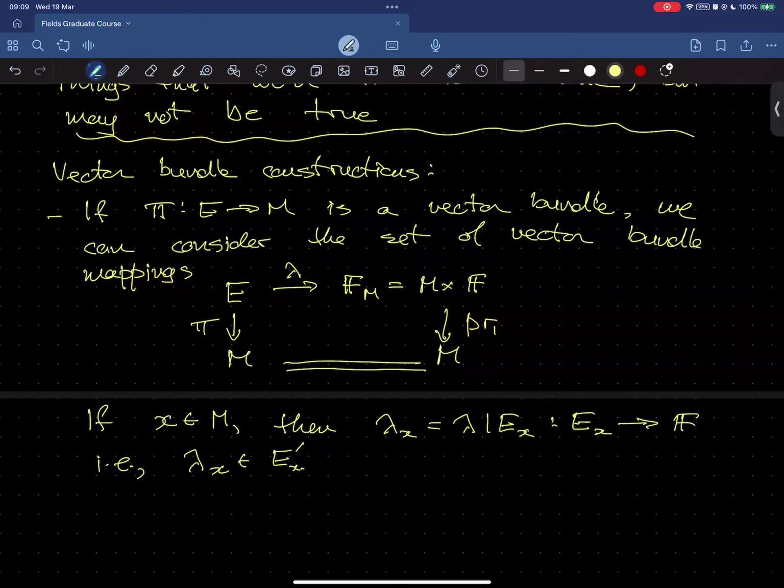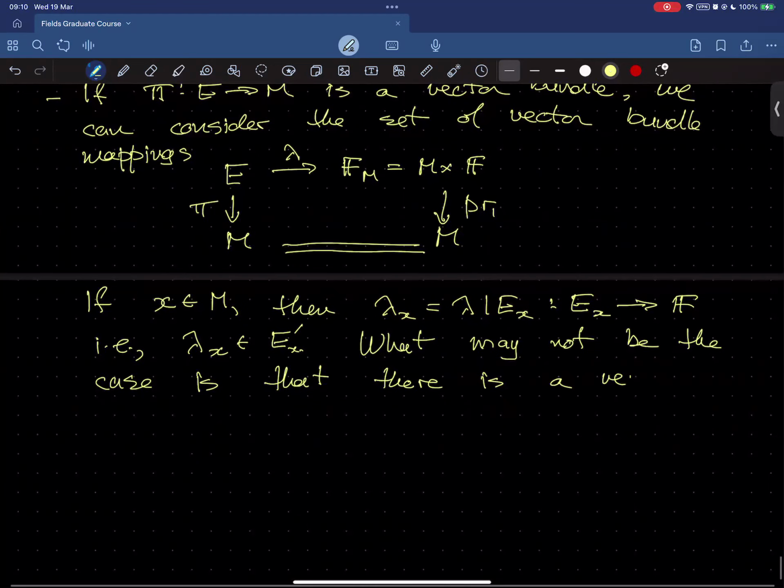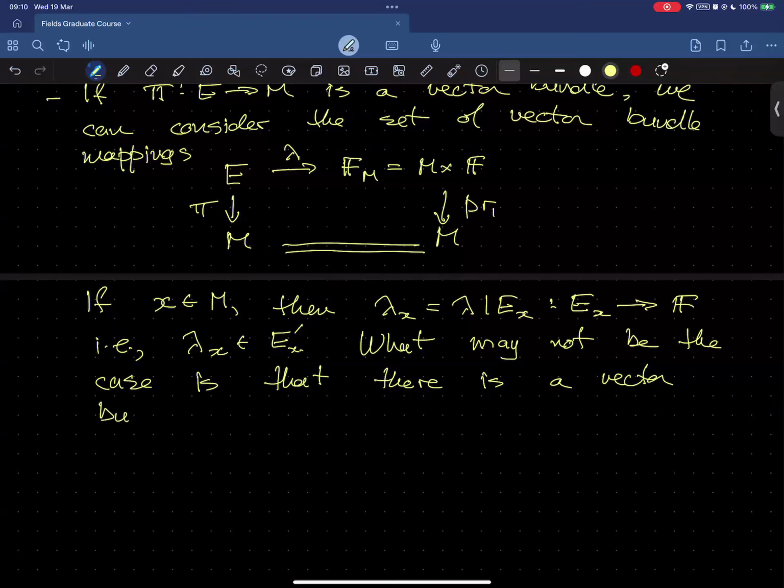Okay, but what you can't necessarily do, what may not be the case, is that there is a vector bundle which captures this set of vector bundle mappings.